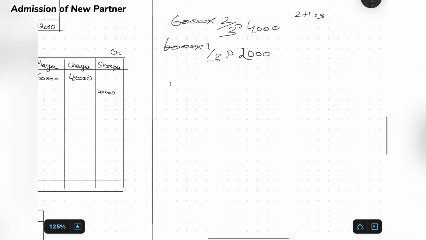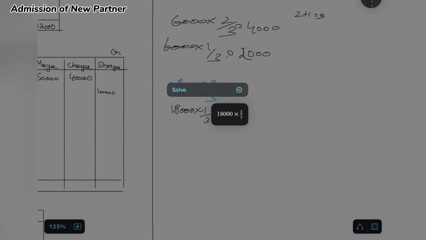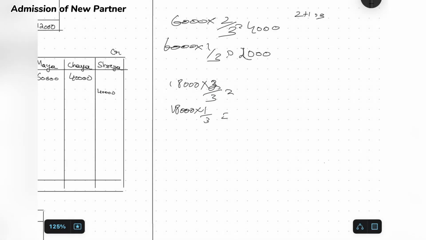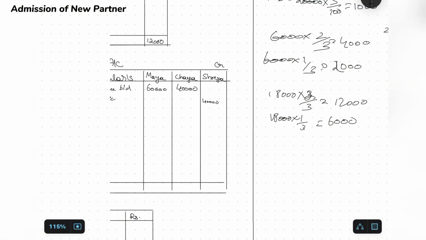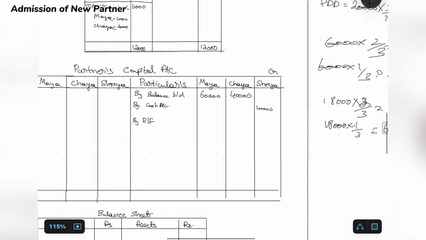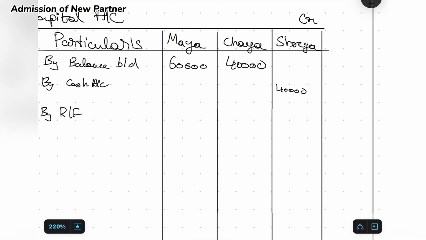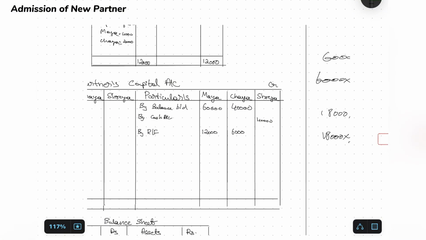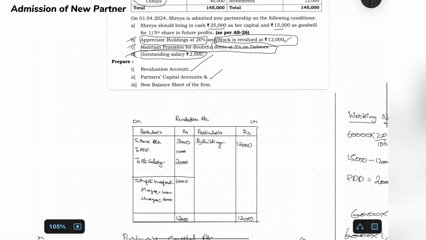That is 18,000 into 2 by 3 and 18,000 into 1 by 3. 18,000 into 2 divided by 3 is 12,000 for Maya, and the remaining 6,000 will be for Chaya. So the reserve fund is 12,000 for her and 6,000 for her. After making this entry, I'll come to the revaluation profit or loss.